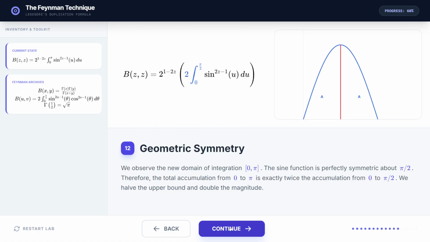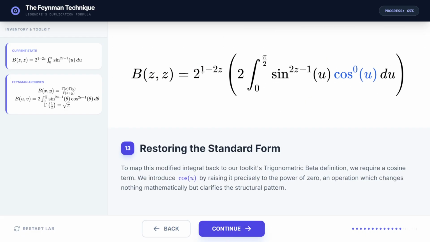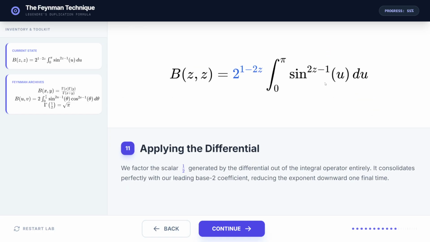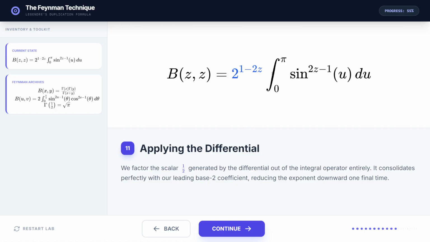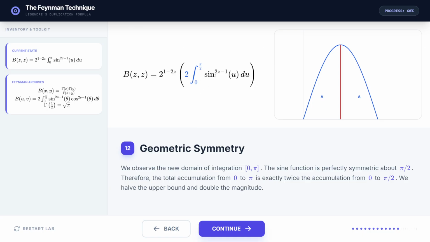So we can say that that integral is actually twice the integral going from 0 to pi over 2. All right, so now our beta zz integral was this. Now look what we're doing. We convert this to twice the integral going from 0 to pi over 2, which it is.